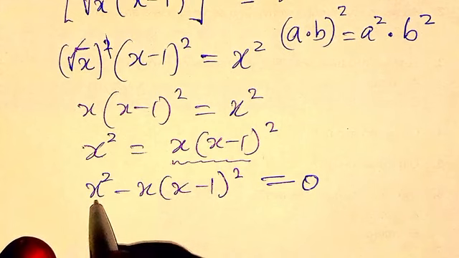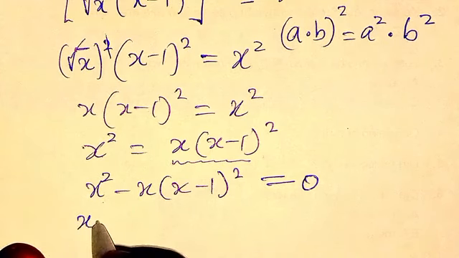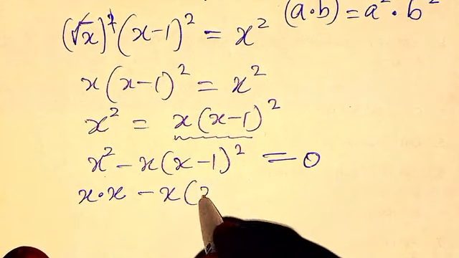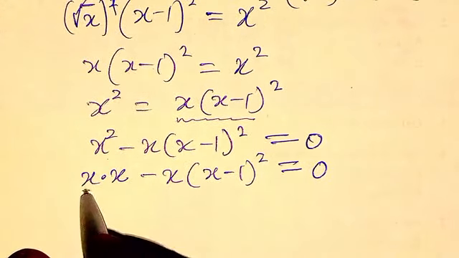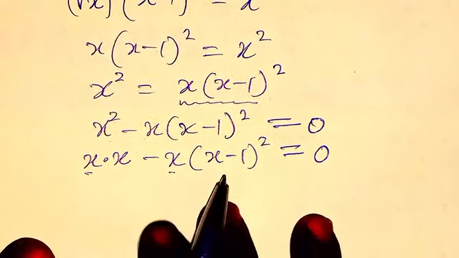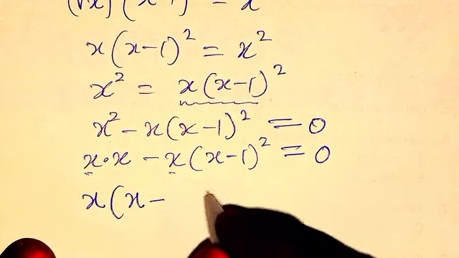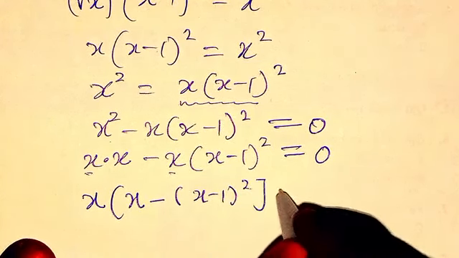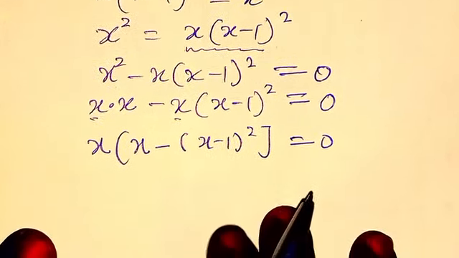We can see that x is common here, so let us factorize x out. I have x, then in the bracket, x minus x minus 1 all squared, equals 0, because we've already factorized x out. So this is a zero form equation.